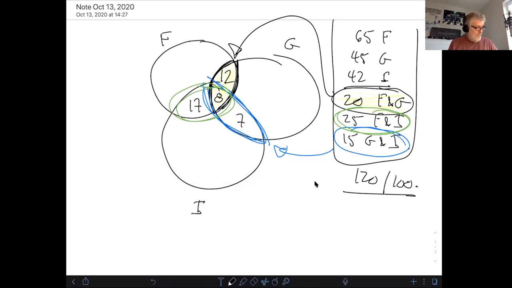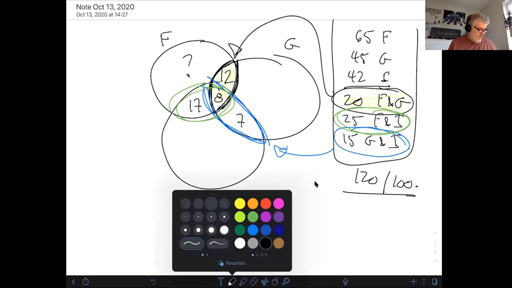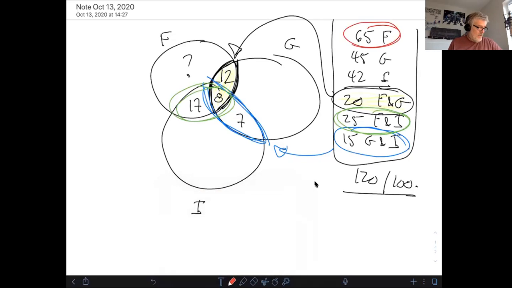Okay, next, I want to know how many students are here. Let's take a new color. I have 65 students studying French total. Here I've got 17, 8, and 12. So that's 37.